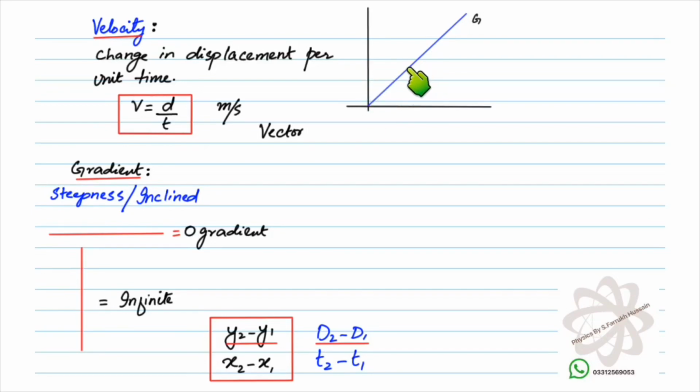So this line has a gradient which is positive, non-zero and constant. Positive because the value of y is increasing, constant because the line is straight, and non-zero because greater than 0 and less than infinite.